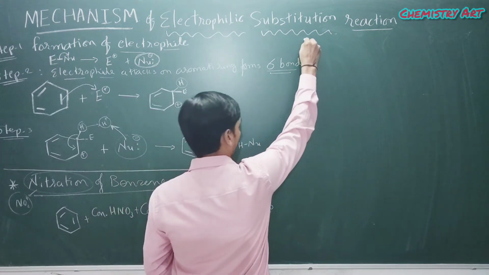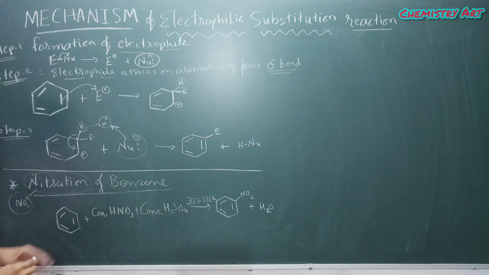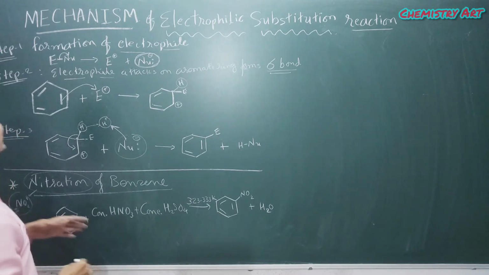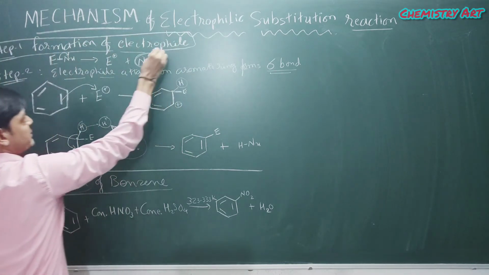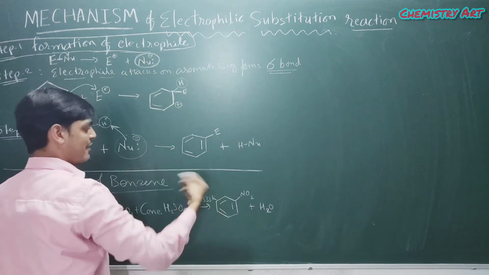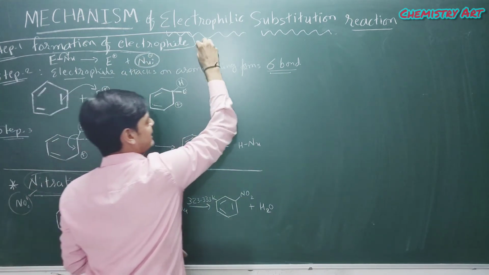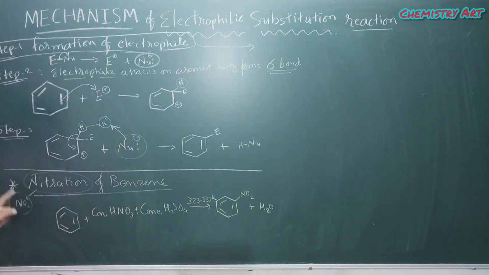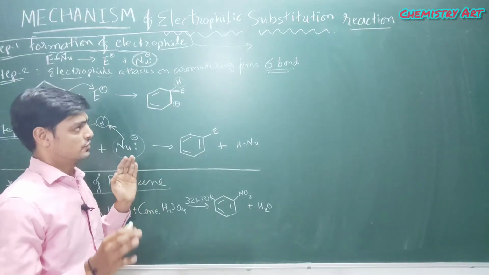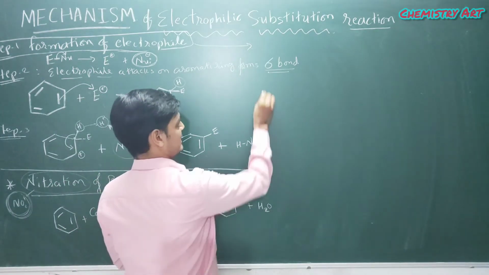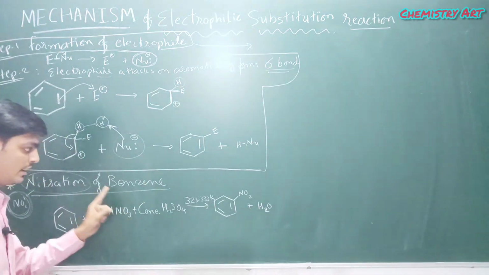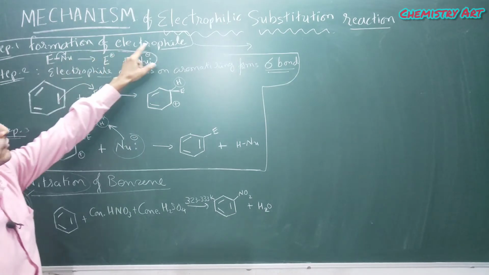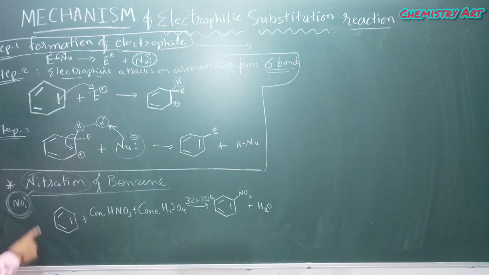What is the mechanism? If I explain the mechanism of this nitration reaction, as we know, the very first step is the formation of the electrophile. In the nitration of benzene, the electrophile will be NO2+.